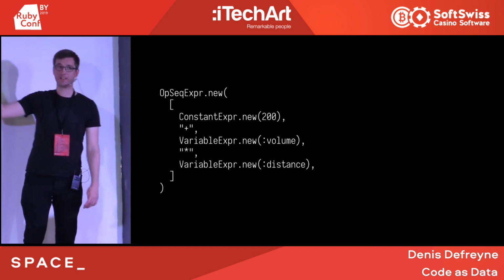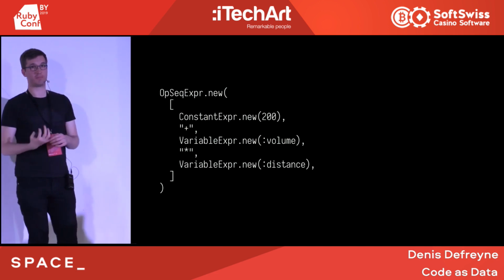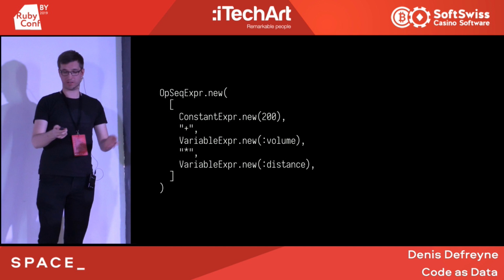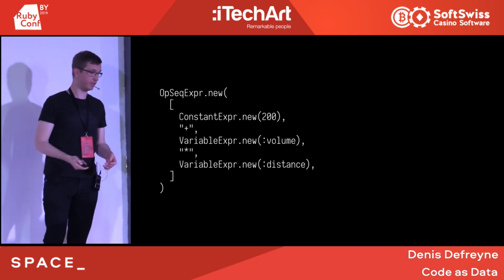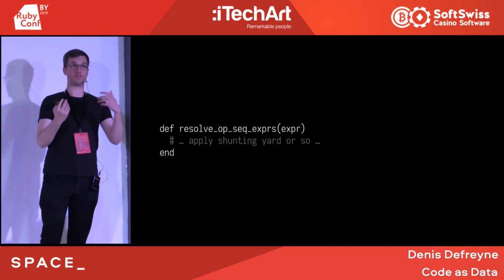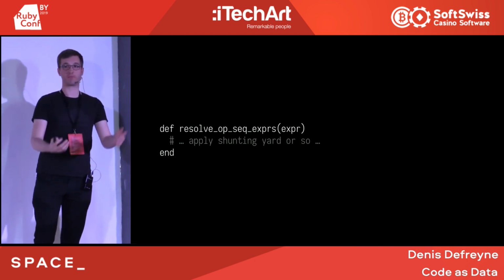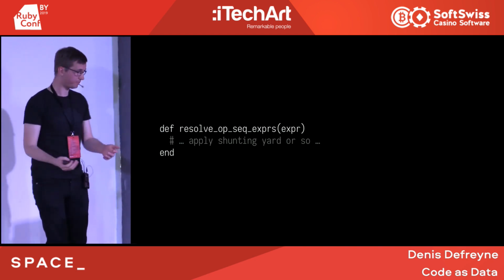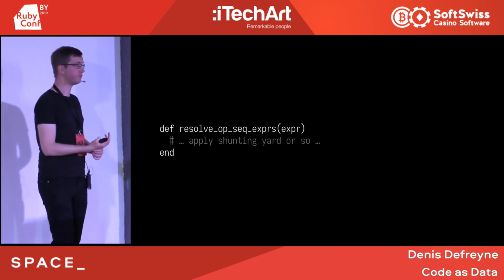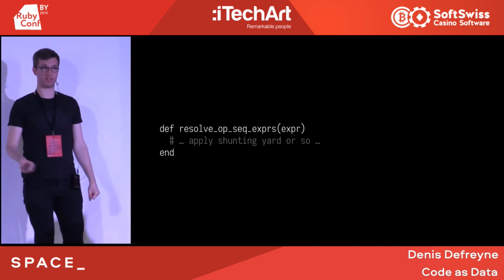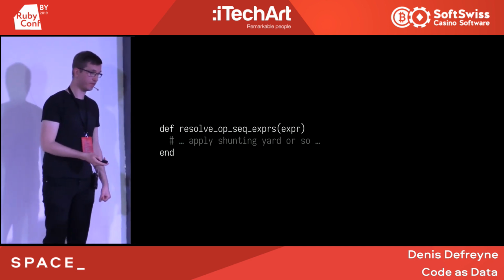So we'll have to take this, apply operator precedences and associativity to it, and I won't show in detail how you can do it. But basically, you'll have to take this operator sequence expression and turn it into sum expressions, product expressions, and so on. And one technique that you can use for this is the shunting yard algorithm, which I've used in the past, and it works pretty well.